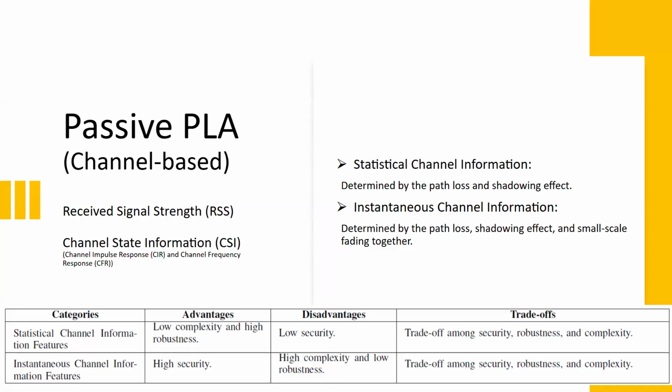The disadvantage for statistical features is low security, because you don't have too many features to extract, since it's just dependent on the distance and the frequency, the path loss. But for instantaneous channel information, you have lots of features that you can extract and build upon. The trade-off exists among security, robustness, and complexity for both statistical features and instantaneous features.